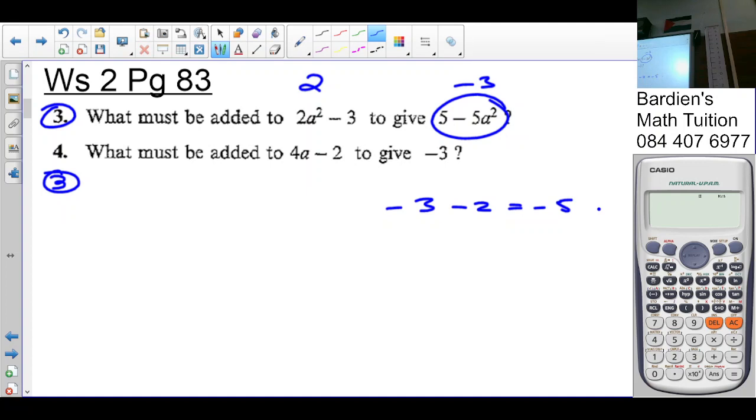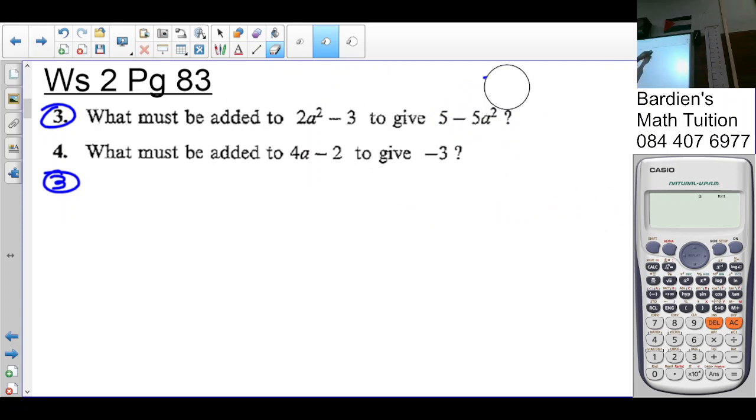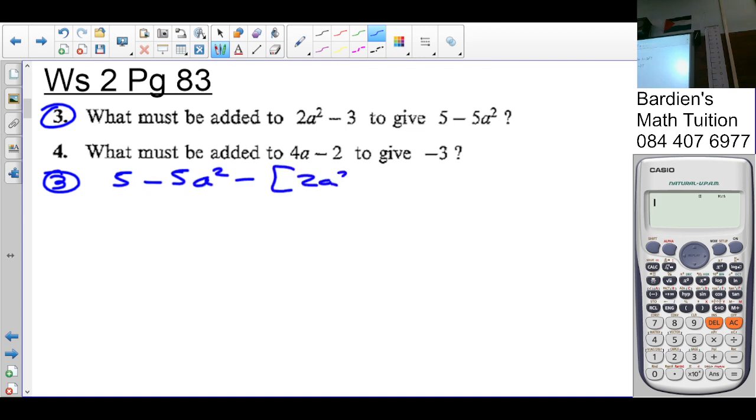We said negative 3 minus 2, which is negative 5. Can you see that? So we take the resultant or the answer, which is 5 minus 5a squared, minus (2a squared minus 3). Why do I have a bracket? More than one term, only a negative sign. Get rid of the brackets.